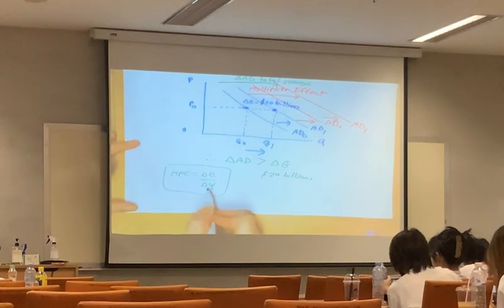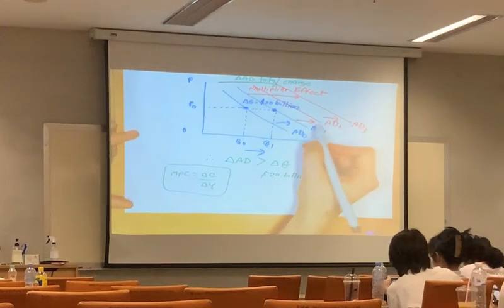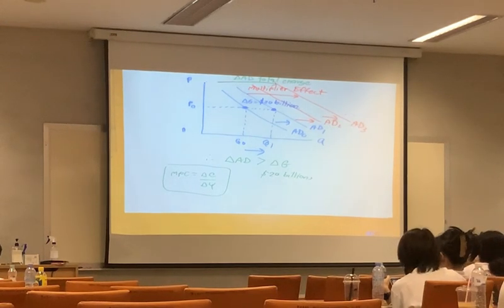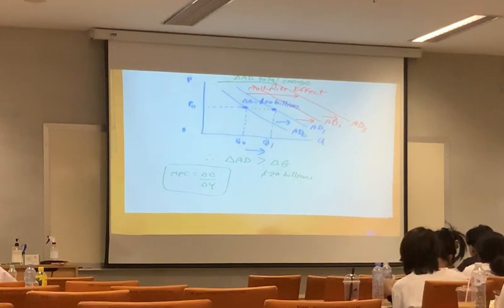We use this concept to explain how large the multiplier effects are, because when you get more income, we want to see how much of it you use to consume. So it can be used to calculate the multiplier effects.